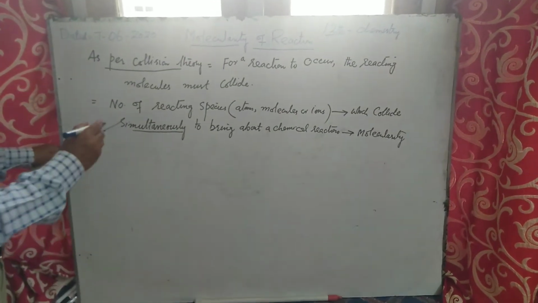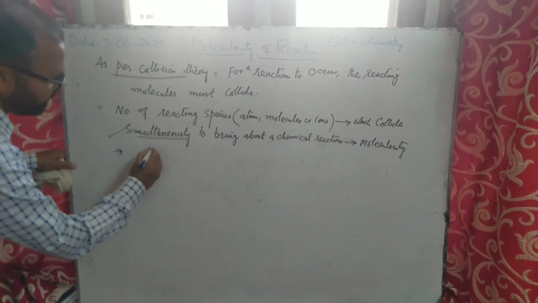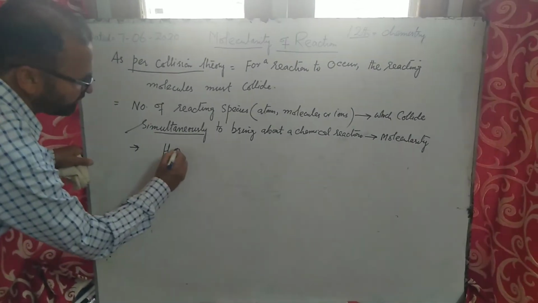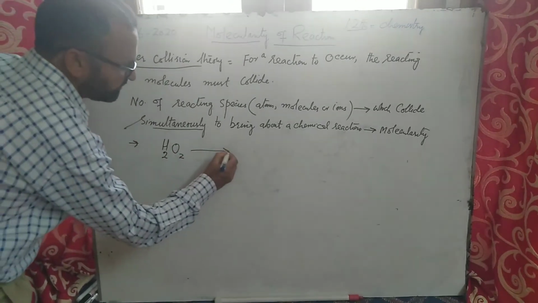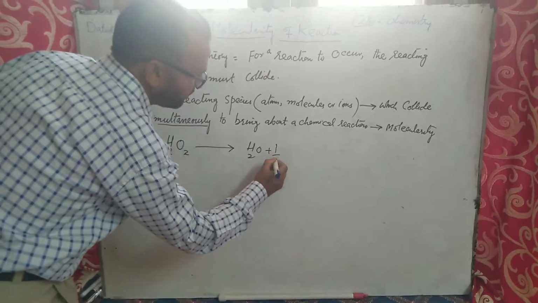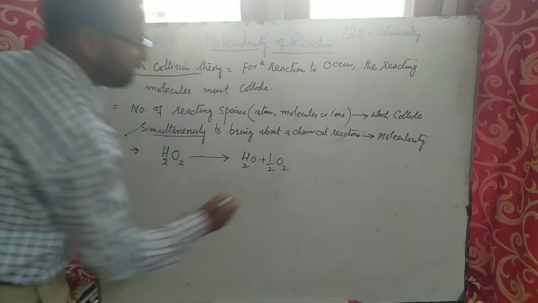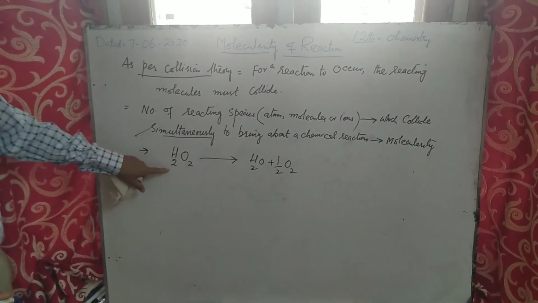So I will give an example. For example, the decomposition of hydrogen peroxide gives H2O plus one half of O2. Here you know that there is only decomposition of one molecule.